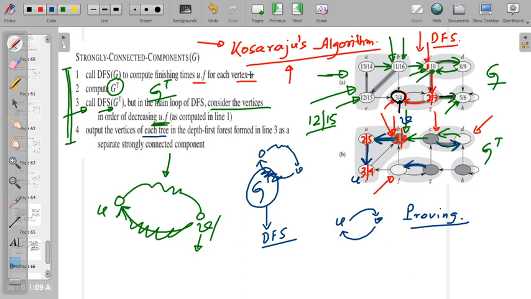In G transpose I am reversing the edges, so whether the U to V path exists or not will be ensured. So intuitively we have done the correctness, but there are mathematical ways of proving that Kosaraju's algorithm will be absolutely correct. We are not going into this. If it is coming in the exam, if you write whatever I have discussed, you'll be getting the marks.